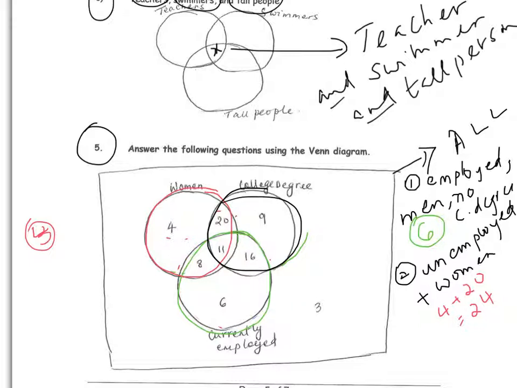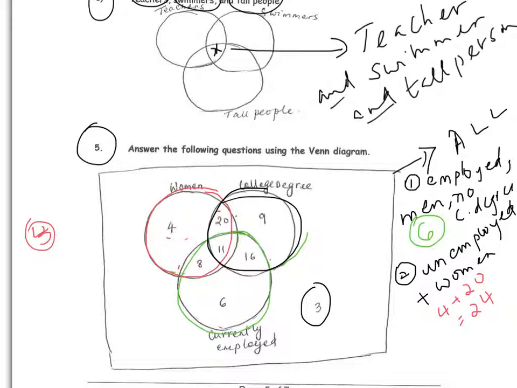So they cannot be in the red circle, they cannot be in the green circle, they cannot be in the black circle. So the only other number that fits that description that does not lie in any of the three circles is 3.